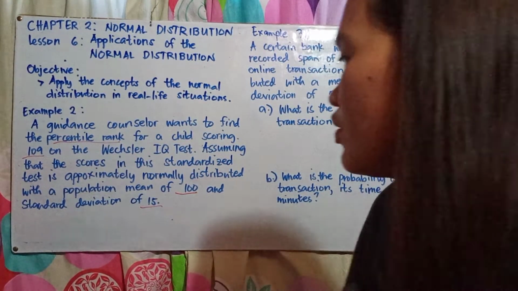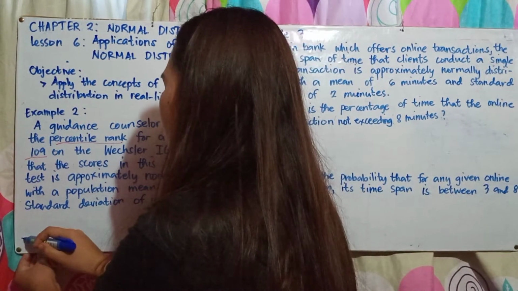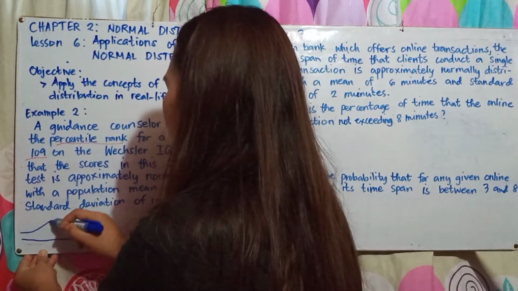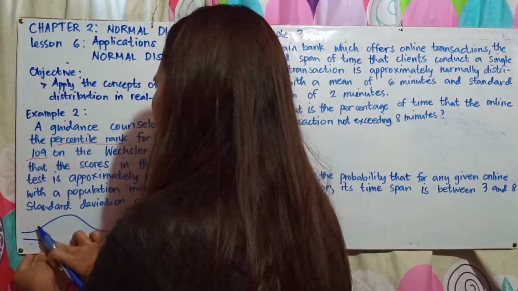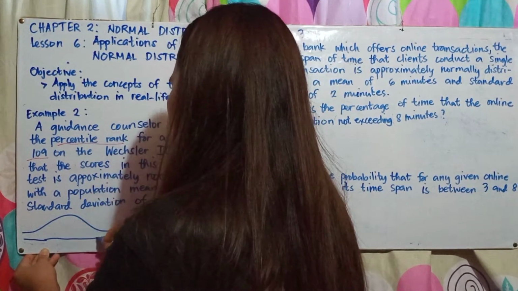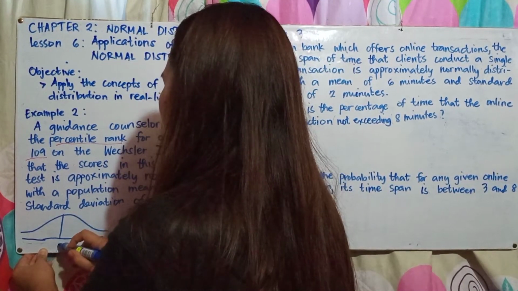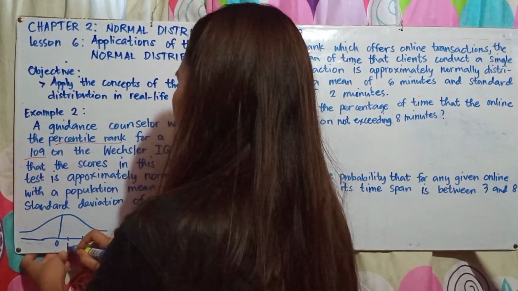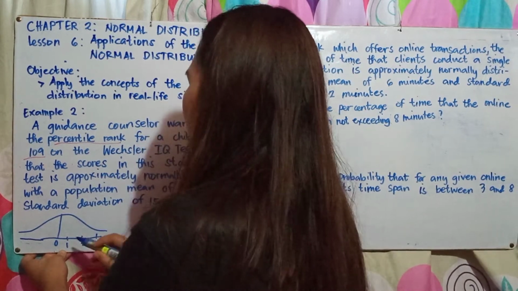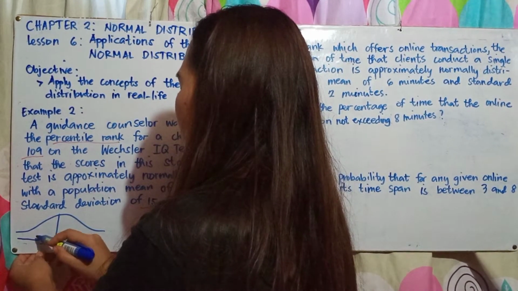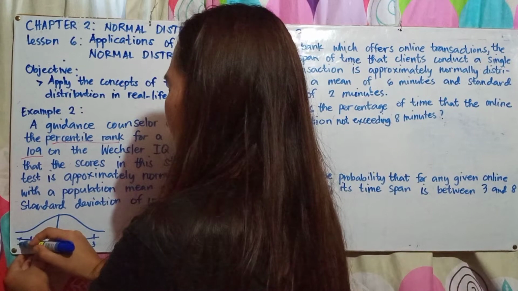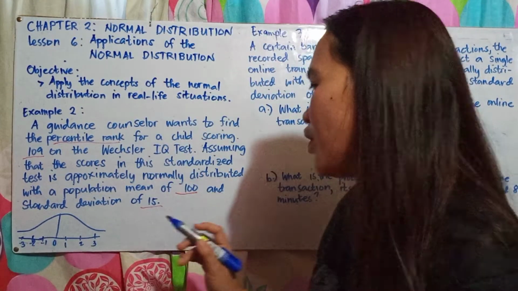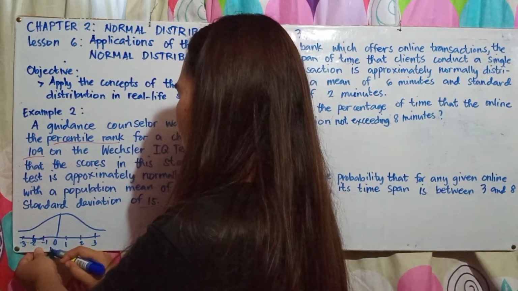If we show it on our curve, let us show it on our standard curve: negative 1, negative 2, negative 3. The mean is 100, so here is the 100.